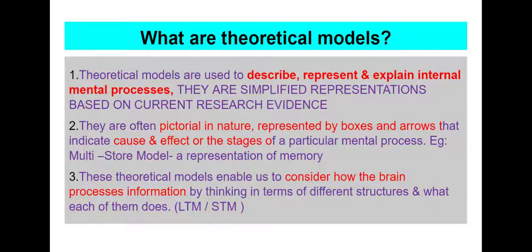So these models enable you to consider how the brain processes information by just thinking in terms of different structures and what each one of them does. So you don't think of memory as one big whole memory. You break it down into individual boxes.